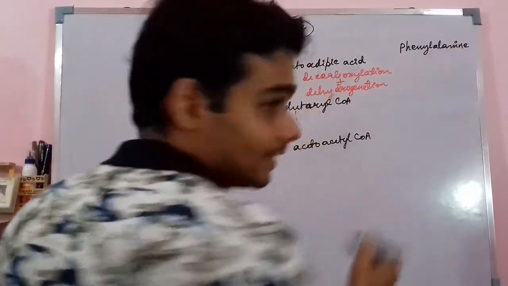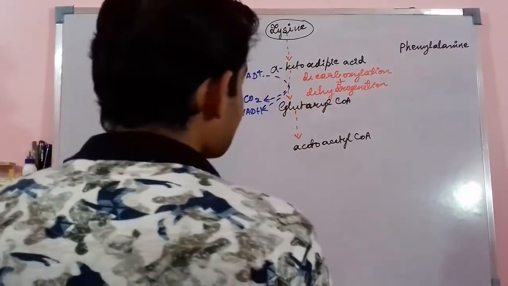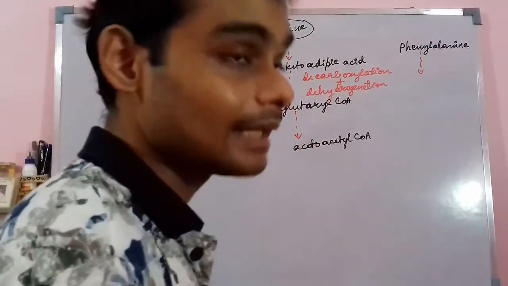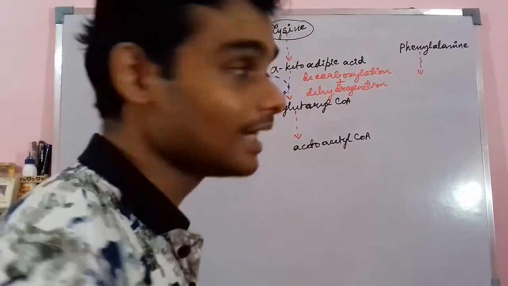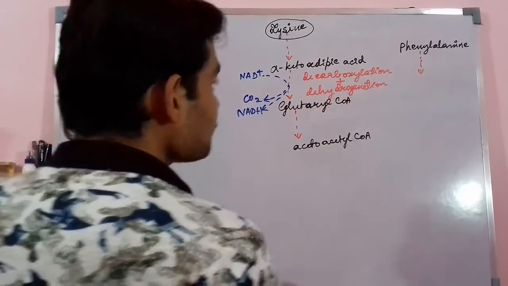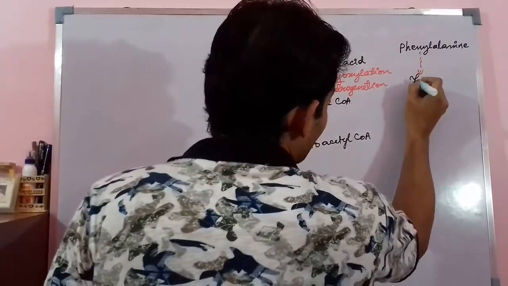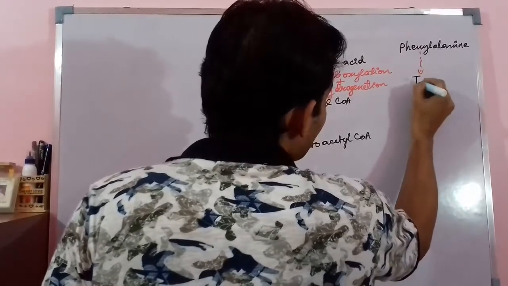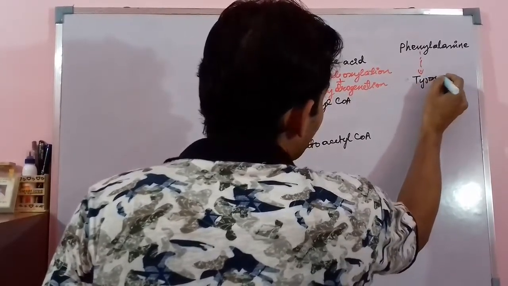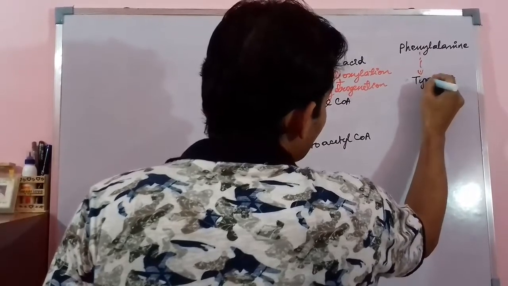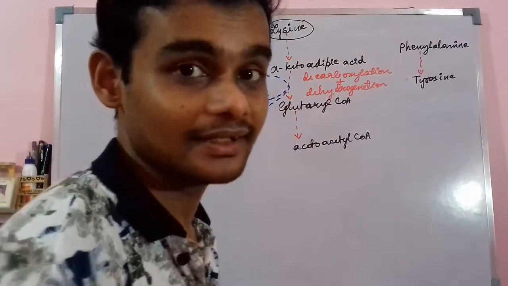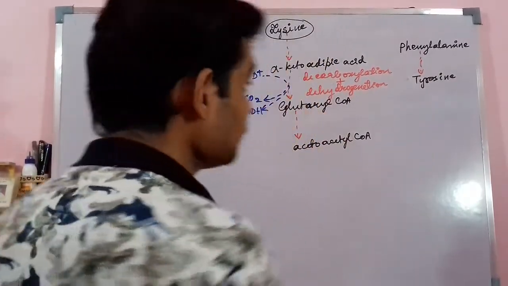Phenylalanine, we know, directly gets converted in a single step process with the help of the enzyme phenylalanine hydroxylase to tyrosine.